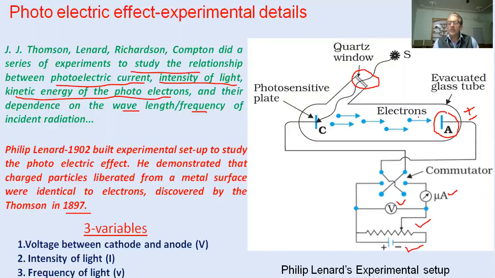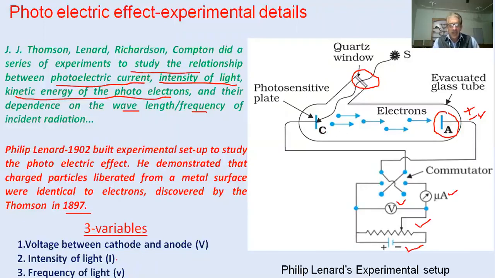So this was one part. Now, when it was given a negative voltage, it would repel the electrons back. Only those electrons which had very high kinetic energy would be able to reach from cathode to anode. And it depends upon the voltage on the anode as well.